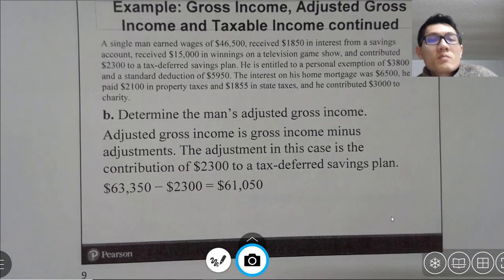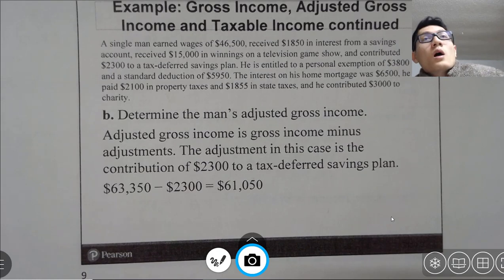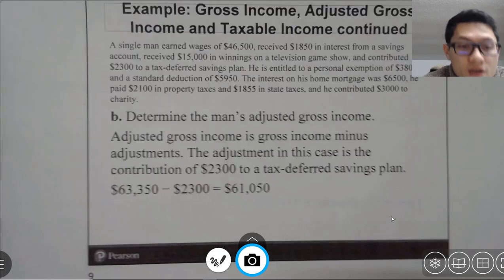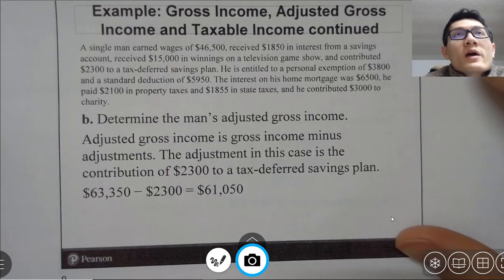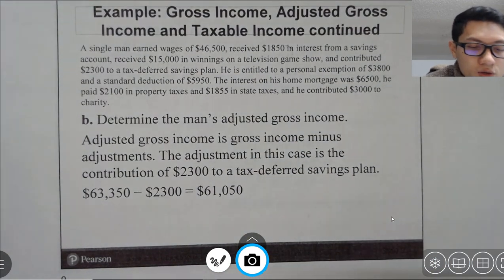Okay, next question, part B. Determine the man's adjusted gross income. So go back to the definition for the adjusted gross income.